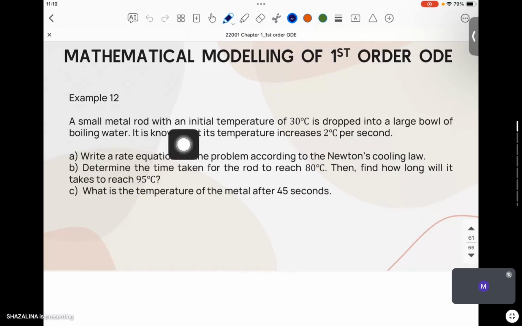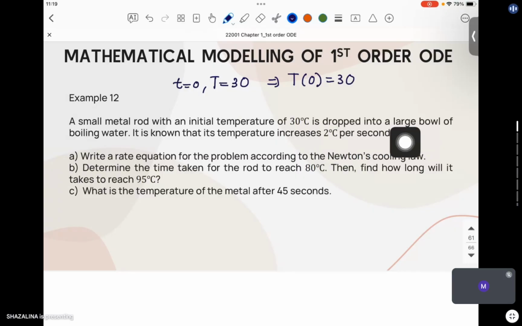First, we note that the body in this case is represented by the metal rod. Okay, rod besi. Next, given here is the initial temperature, meaning T0 with capital T equals 30. Represented as a condition, we can write T(0) equals 30.